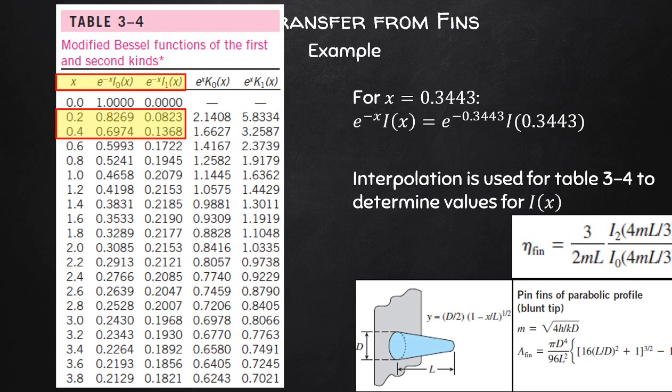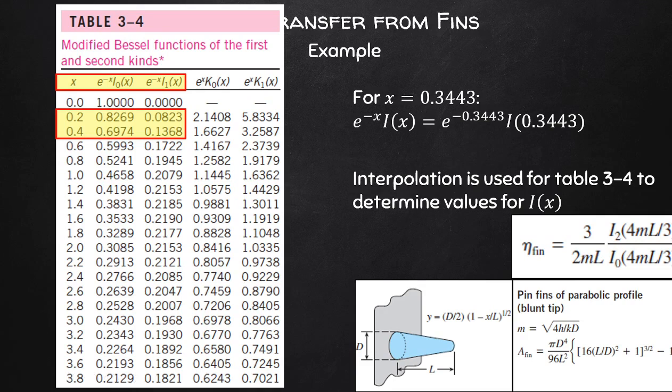There are some tables for you, Bessel function tables, so just look out for them. They are labeled as such. This is the modified Bessel functions for the first and second kinds. There's a little asterisk there that you can read up as well. And we would have to obviously interpolate between e to the power of negative x times I0 and e to the negative x times I1.